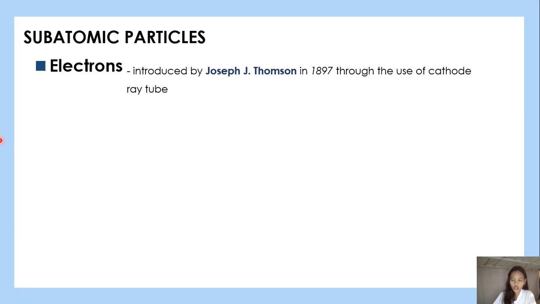Electrons were discovered by J.J. Thomson, or Joseph J. Thomson, in the year 1897 through the use of the cathode ray tube. I think you're already familiar with this experiment, the cathode ray tube. The next one is the protons.